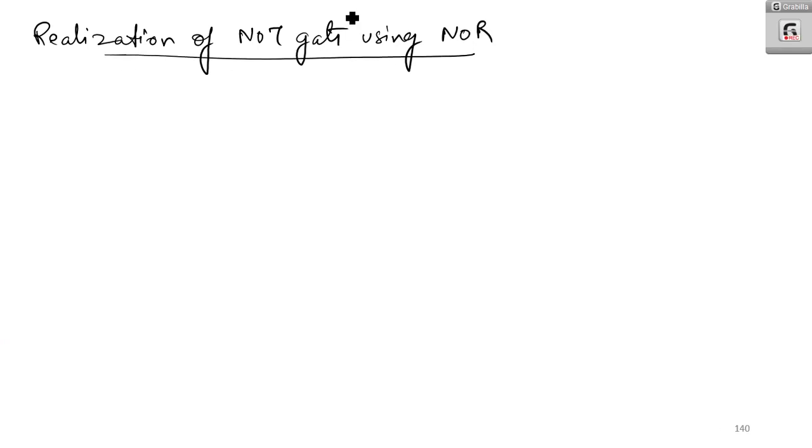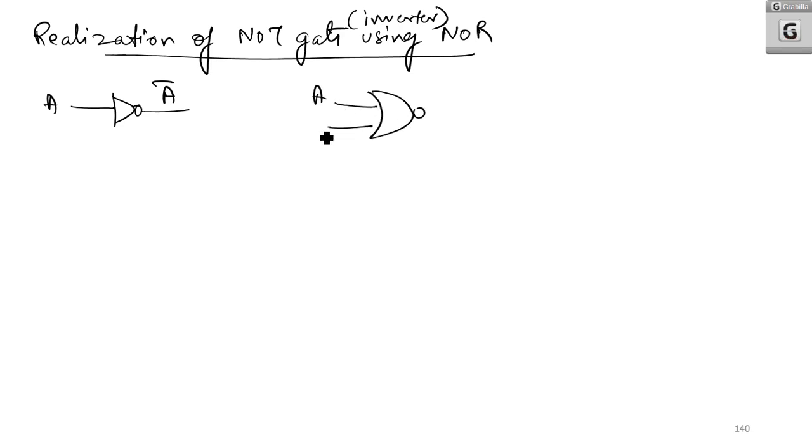So NOR gate can basically act as an inverter. Okay. So what is basically a NOT gate? Here we get A bar. So what is basically a NOR gate? Okay. So we are having A, B. Here we get (A or B) bar.